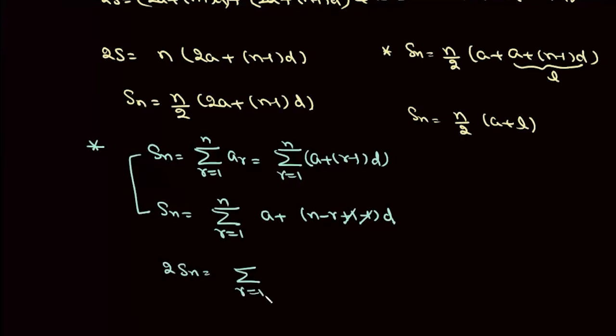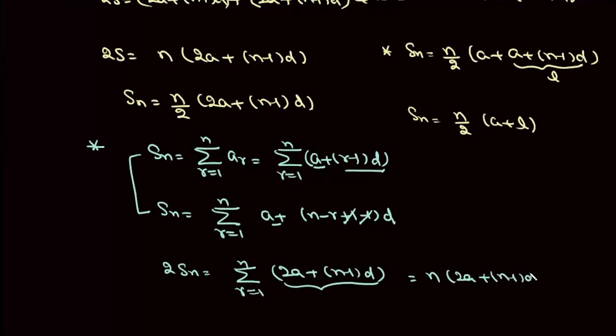It'll be the summation r varying from 1 to n. Now this is 2a plus (r minus 1)d and (n minus r)d. The rd will cancel. So we'll get this as (n minus 1) into d. And there's no r in this. So this is constant, and the summation of a constant is simply n into that constant. So there'll be n(2a plus (n minus 1)d), which is S_n is n by 2 into (2a plus (n minus 1) into d), or simply n by 2 into (a plus l).